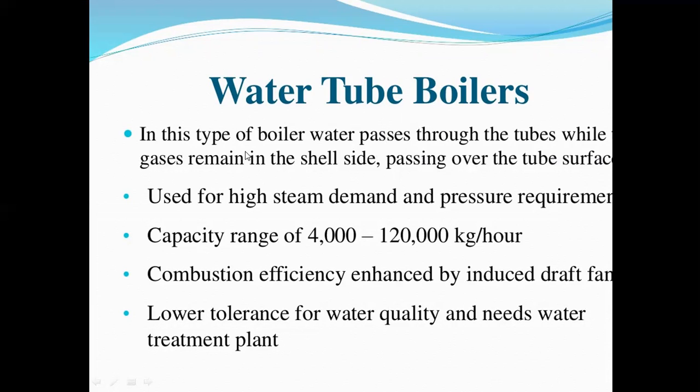Water tube boilers are used for high steam demand and high pressure requirements. The operating pressure for a water tube boiler is more than 100 bars, so it is used in modern high pressure boilers.